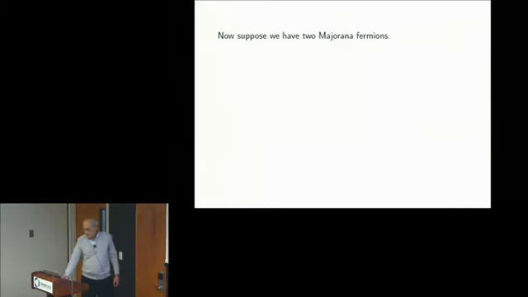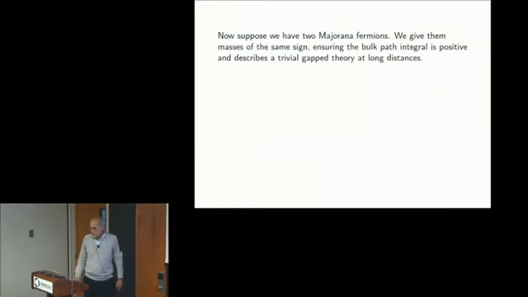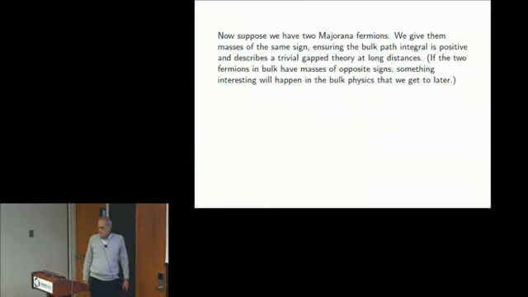Well, suppose we have two Majorana fermions. We give them masses of the same sign, ensuring that the bulk path integral is positive and describes a trivial gapped theory at long distances. If the two fermions in bulk have masses of opposite sign, something funny will happen that we get to later. But we'll take the bulk masses to have the same sign.